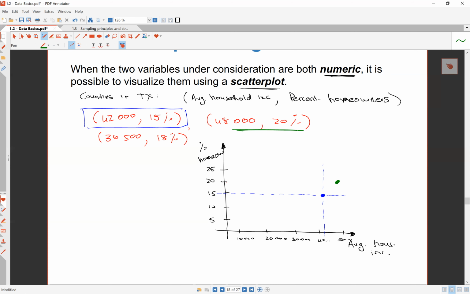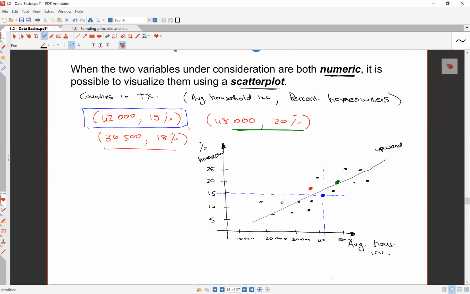Here's the next one, and then I had one that was 36,500 and 18%. There's that one. And in general, you would just plot all of the points, and you might see here, oh, it looks like those points have a slight upward sloping trend.